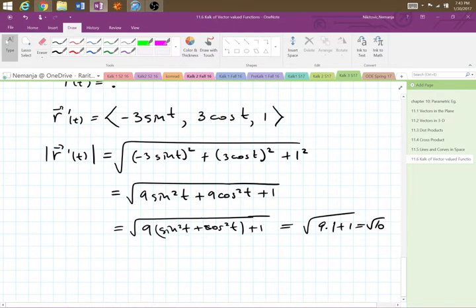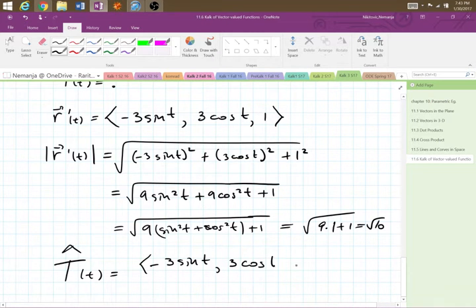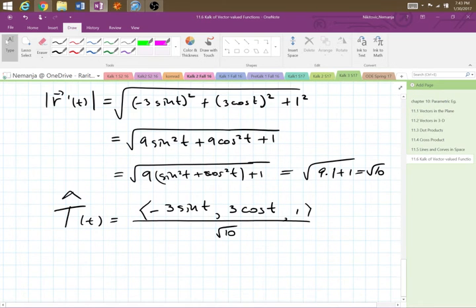and your unit tangent vector, you can put the hat on it because it's a unit vector, is the vector r prime, which we know is negative 3 sine t, 3 cosine t, and 1, divided by root 10. You can rationalize it, you can leave it.